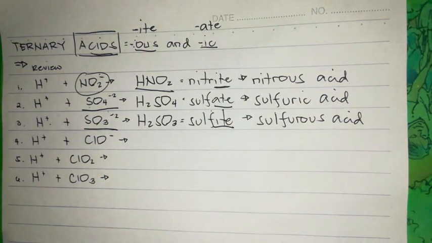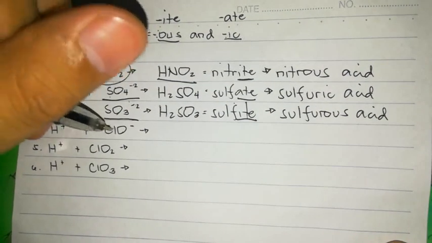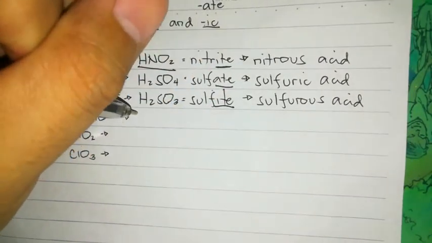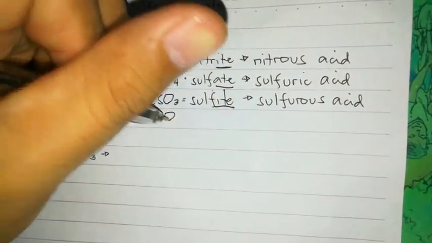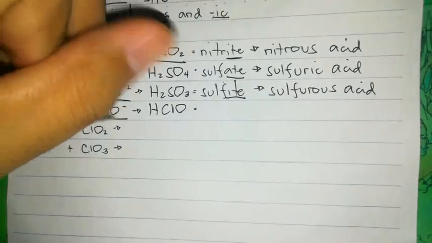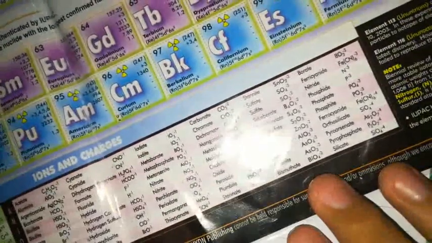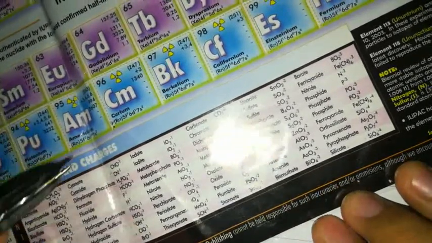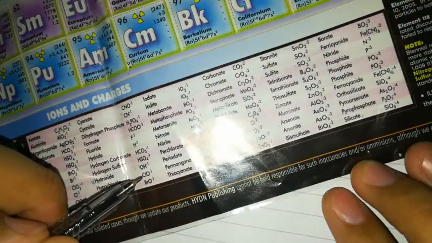Next, we have H and then ClO na negative 1. So, since pareho daw silang charge, cancelled, HClO. Hanapin sa periodic table ang ClO na may negative 1 na charge. Andito siya. So, ito, ClO negative 1. The name is hypochlorite.